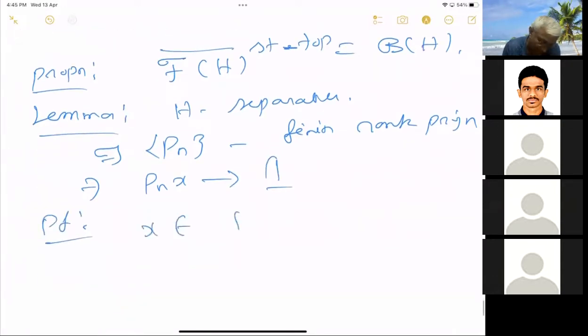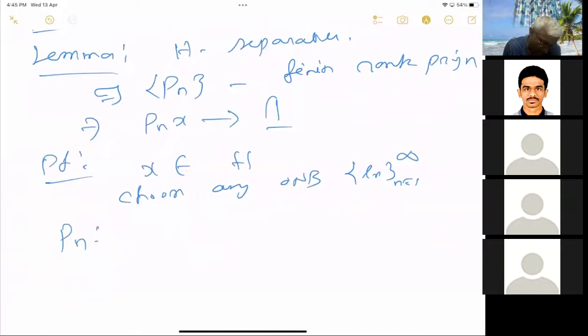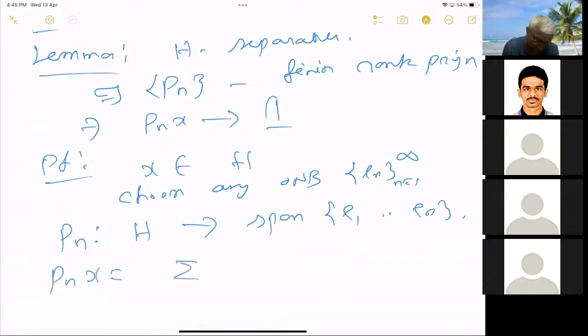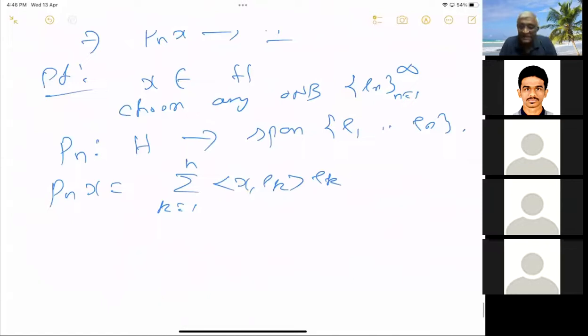If you have any x in H and choose any orthonormal basis en, then let Pn be the projection from H to the span of e1 up to en. Then Pn of x equals the summation k equal to 1 to n of x, ek times ek. Any x can be written like this, summation k equal to 1 to infinity of x, ek times ek.